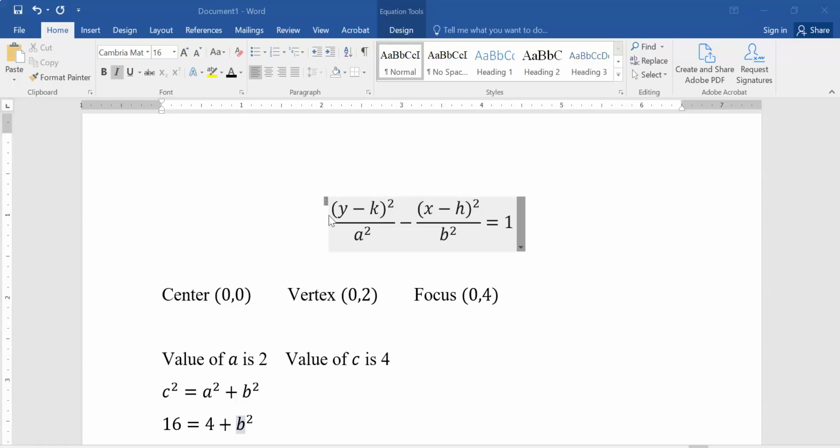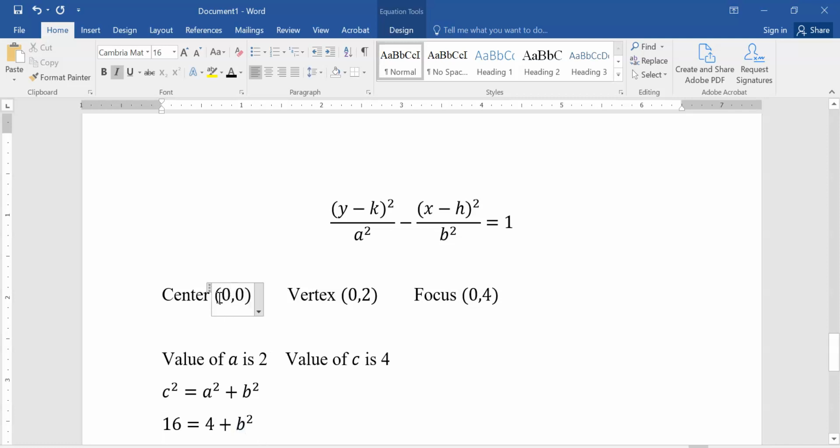All right, this one is a little bit quicker. Now we're going to use the same equation, specifically the one where the y component is the positive one, because in order to move from the center to the vertex, we're changing in y, and to move from the center to the focus, we're changing the value of y.